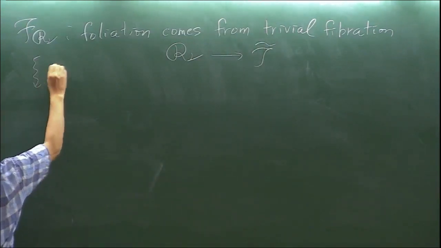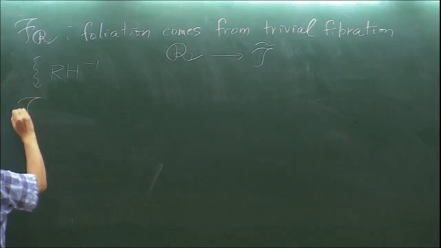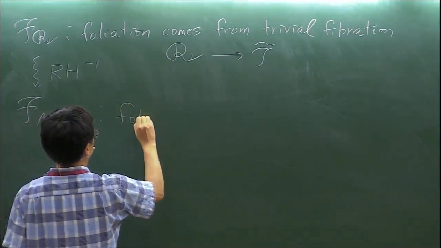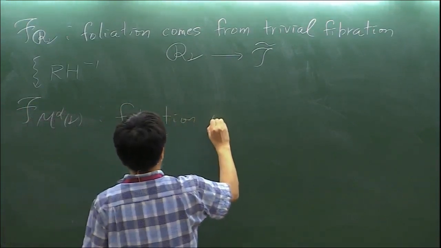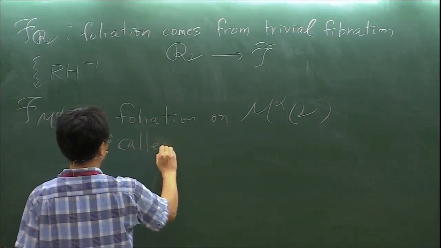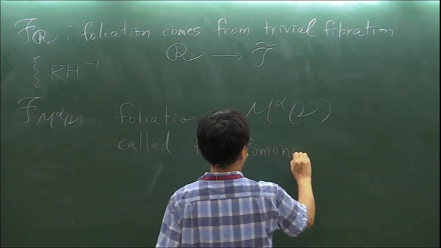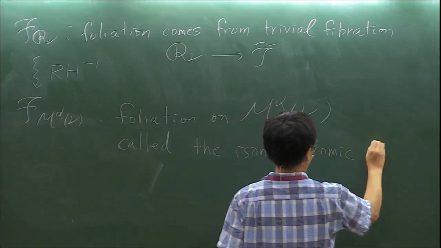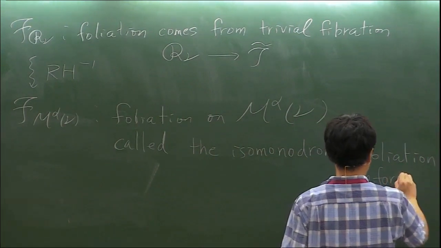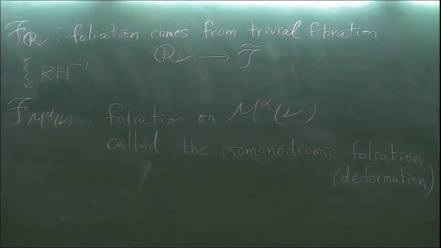And pulling back by the Riemann-Hilbert morphism, we can get a foliation on the moduli space of parabolic connections, which is called the isomonodromic deformation, or isomonodromic foliation. This is the definition of the isomonodromic deformation.